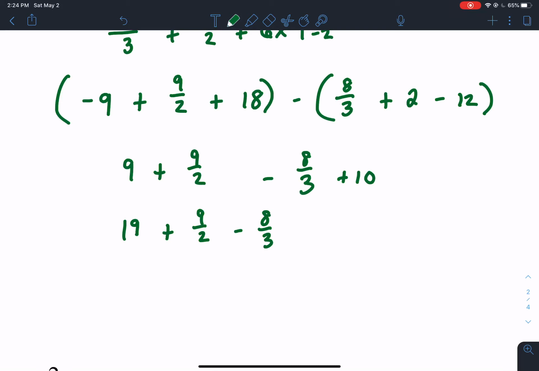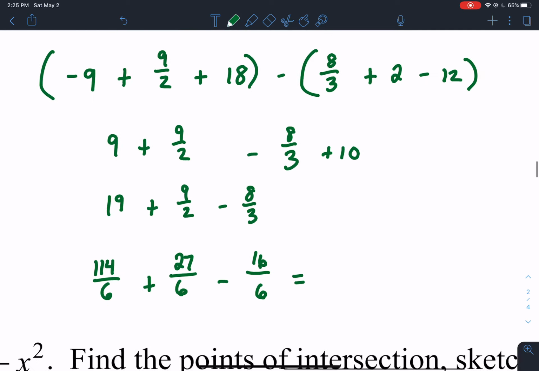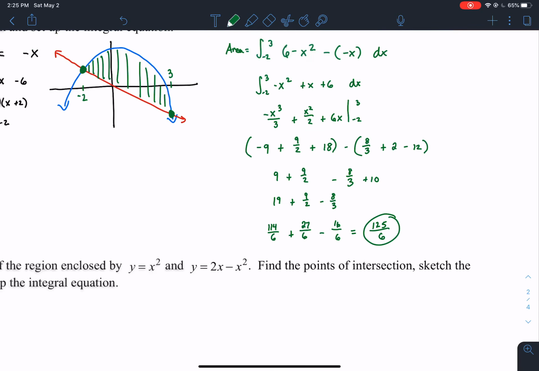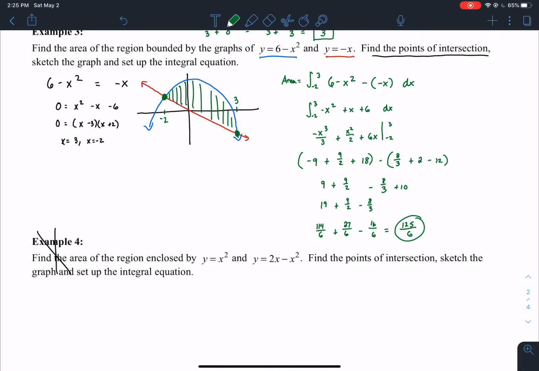Now, common denominator would be 6. So if I put this over 6, 19 times 6 is 114. That's 27. And then that's 16. All right, so 114 plus 27 minus 16 is going to give you 125 over 6. So that would be your area.